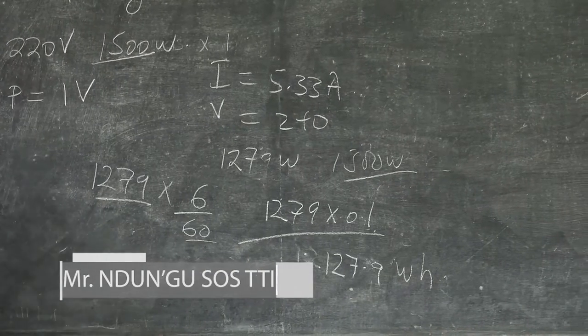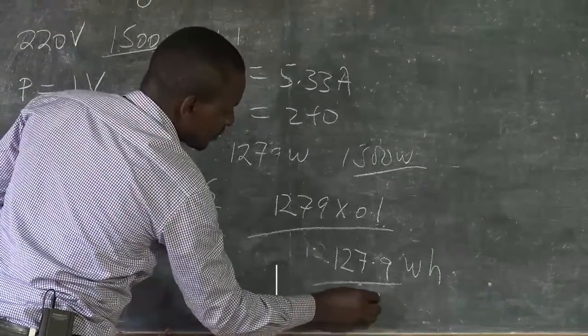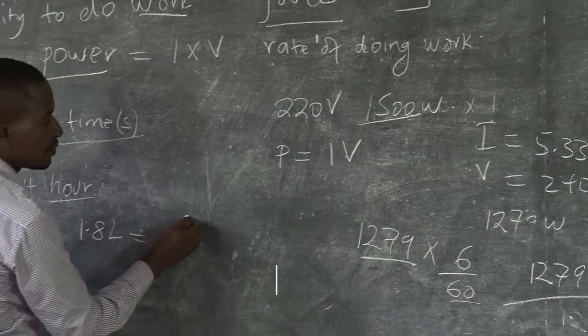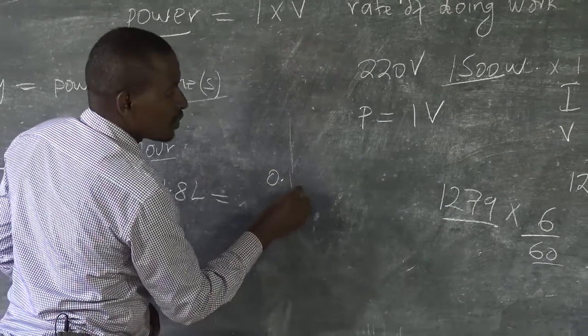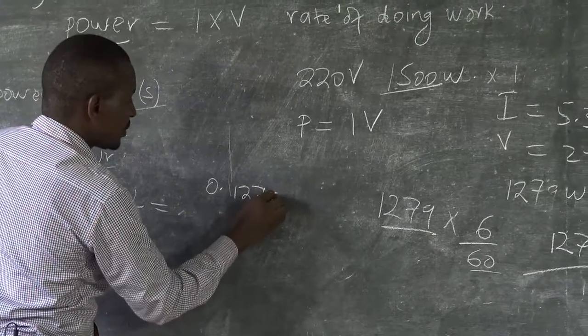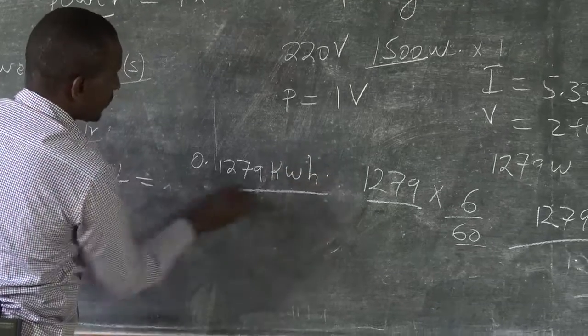So now we are supposed to divide this by 1,000, and we get that we have spent 0.1279 kilowatt hour.